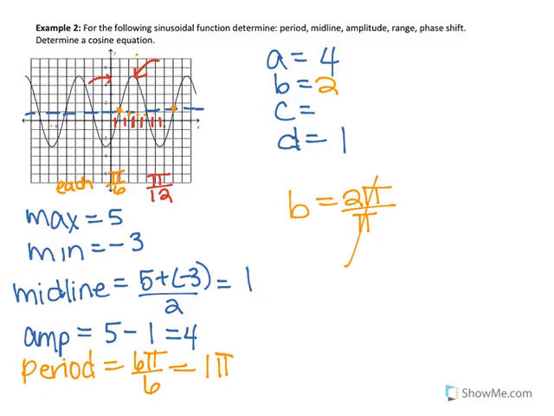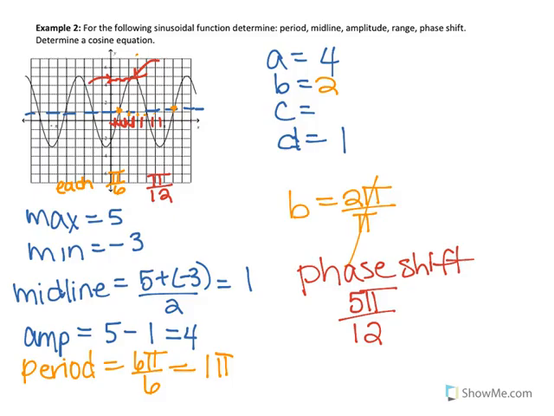So this is actually going 1, 2, 3, 4 pi over 12s. Just kidding, it should be 5. I counted that wrong. 1 pi over 12, 2 pi over 12, 3, 4, and 5 pi over 12. So I have a phase shift of 5 pi over 12. So that's going to go in, and because we're moving it to the right, it is a positive.